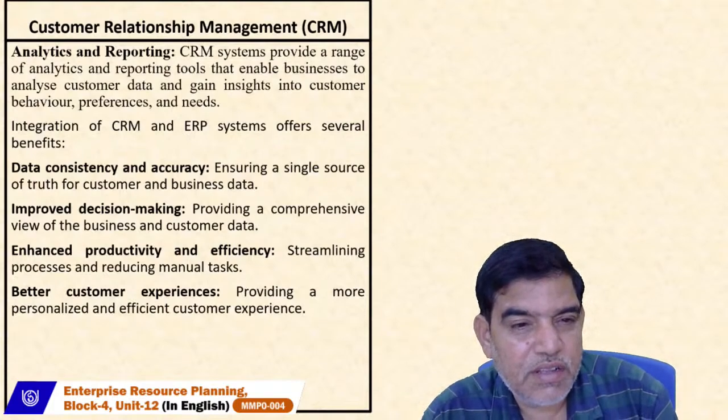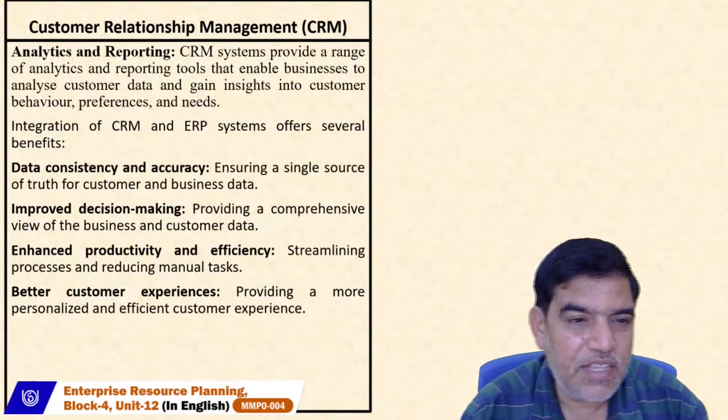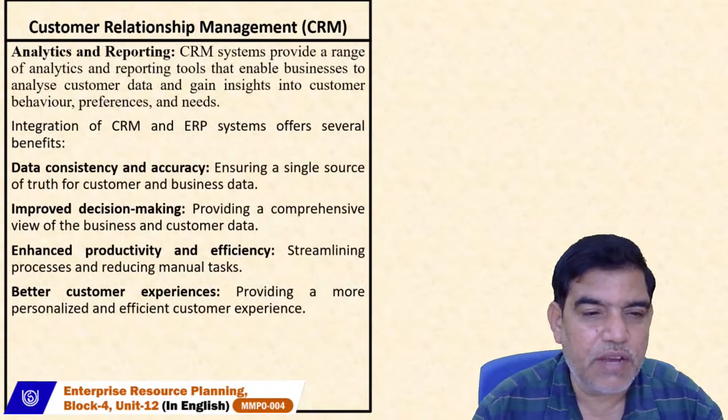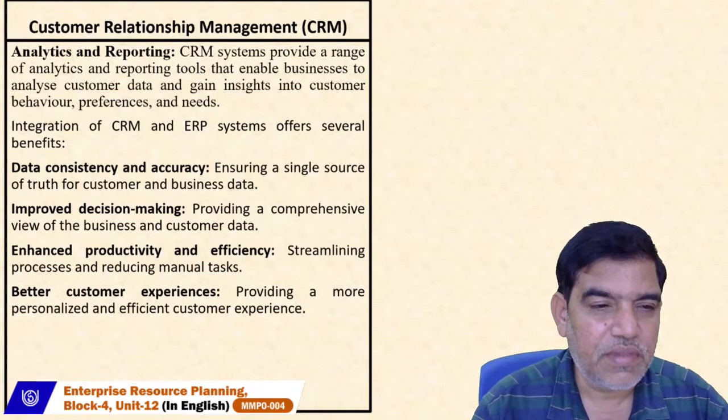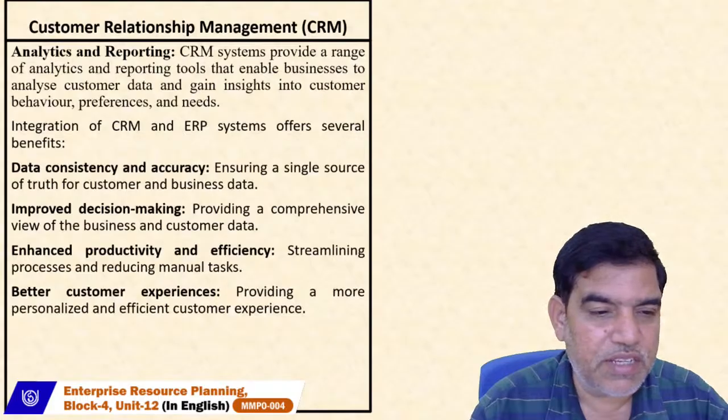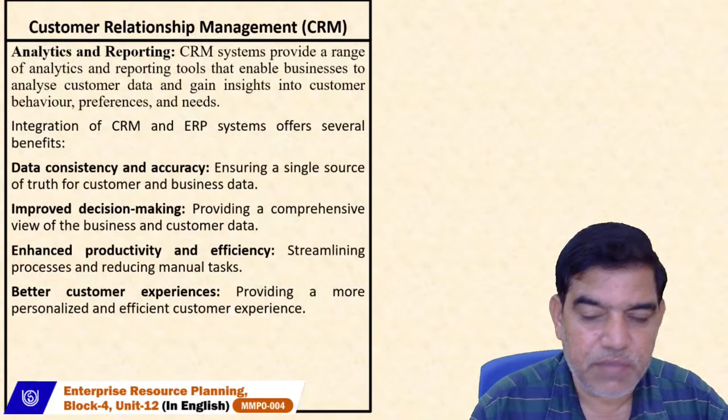That's why it provides the comprehensive view of the business and customer data. Enhanced productivity and efficiency: streamlining processes and reducing manual tasks. Better customer experience: providing a more personalized and efficient customer experience.